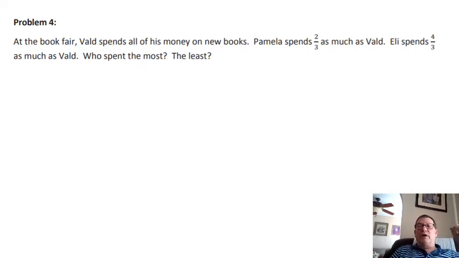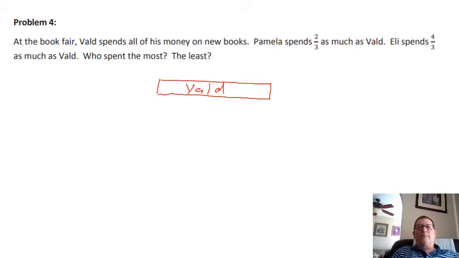All right, let's try to apply this to a word problem. It says, at the fair, Valid spends all his money on new books. Pamela spends 2/3 as much as Valid. Eli spends 4/3 as much as Valid. Who spent the most? Okay, so if we think about this, let's take a tape diagram here. And this one here represents what Valid spent.